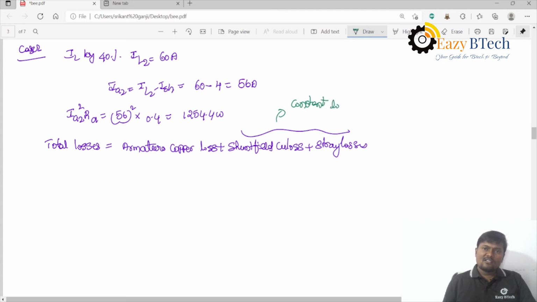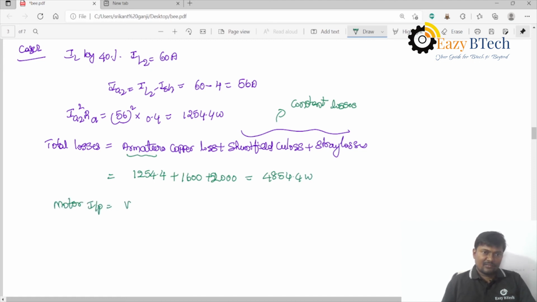The stray losses are also constant, the mechanical losses plus magnetic losses are also constant. Only if the load varies, the armature copper loss will change. So 1254.4 plus the shunt field copper loss plus stray losses gives 4854.4 watts.